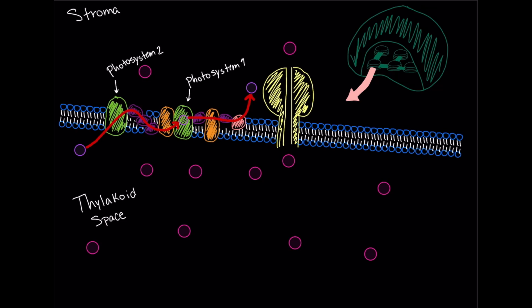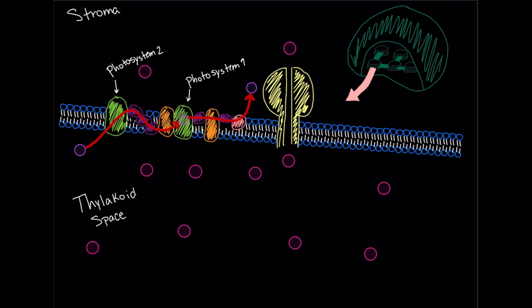You might be wondering why the left one is photosystem two and the right one is photosystem one. Well, it is the order in which they were discovered. No big science behind it, just the order they were discovered.